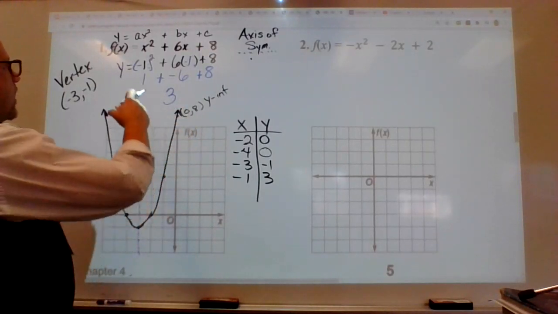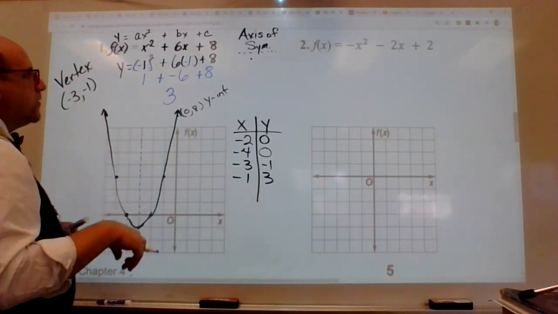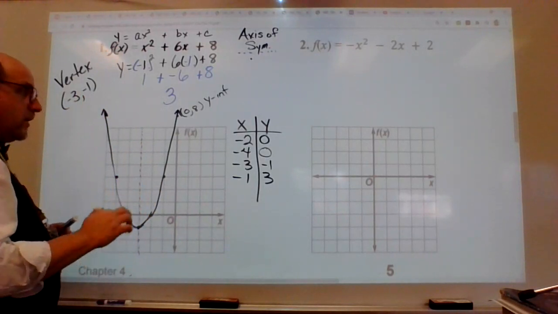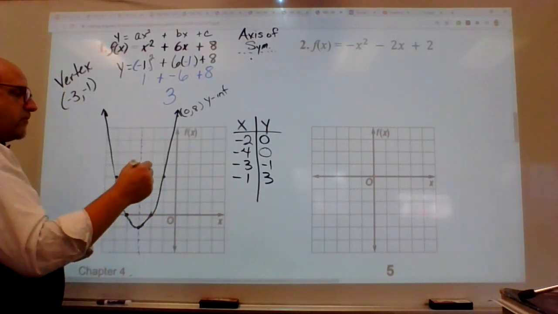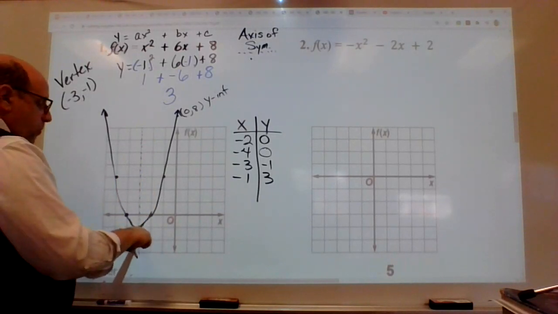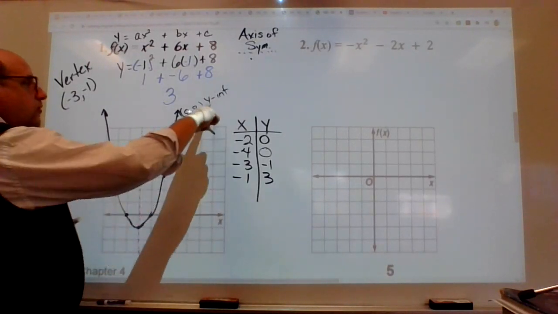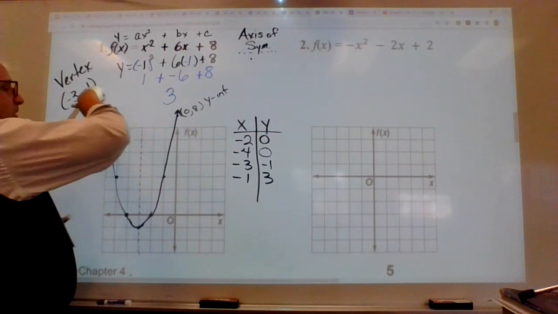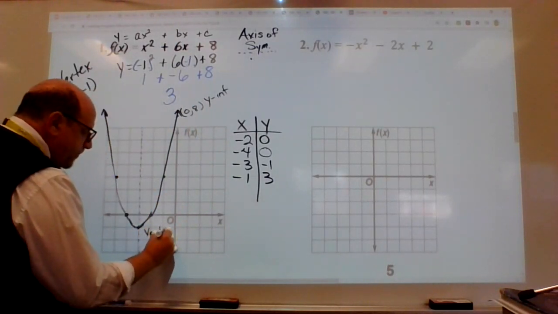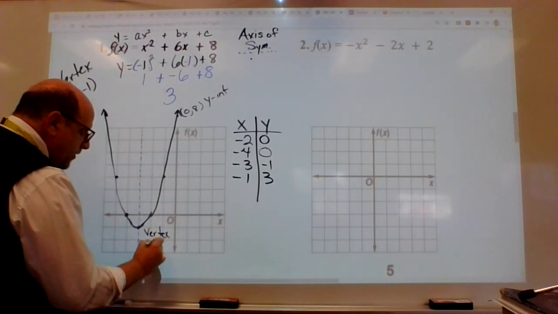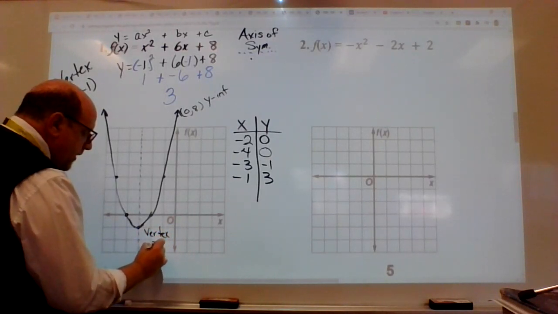We knew it was positive because there's no negative here, etc., etc. Now, the last thing I need to talk about is, where is my vertex on the y-axis? My vertex is at -1, so this is the vertex, which is (3, -1).